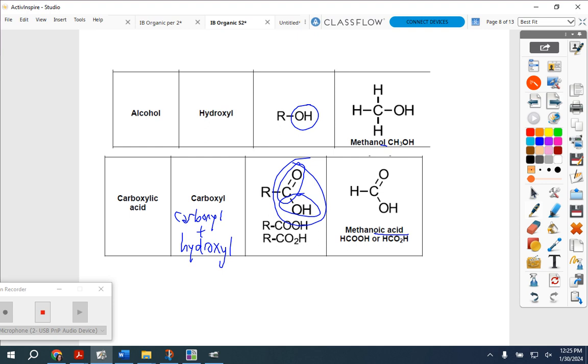It's an acid because this hydrogen really is only held on very loosely and can be lost very easily. We'll talk more about that when we get into acids and bases. But the presence of the hydroxyl group in conjunction with this oxygen drawing electrons away from this carbon really pulls electrons away from this hydrogen and makes it pretty easy to pop off.